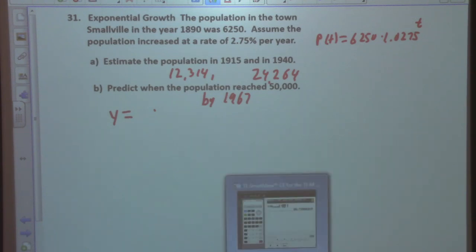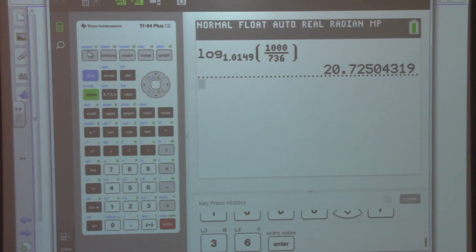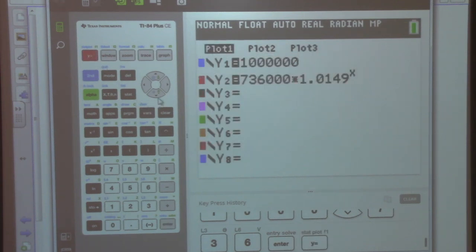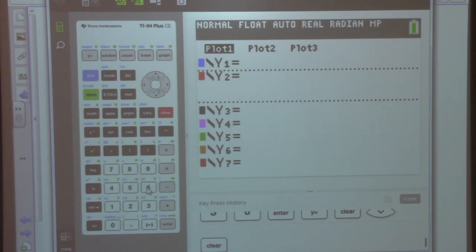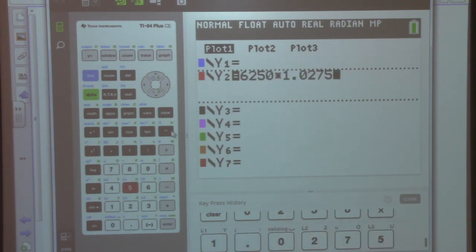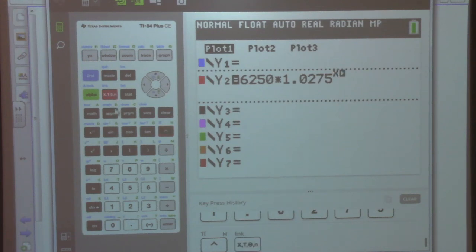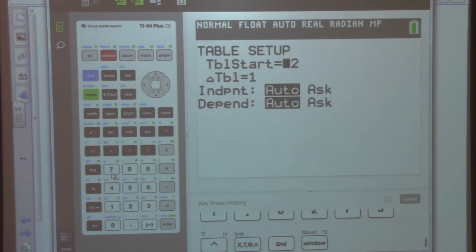Okay, well, very ambitious. But 6250 times 1.0275 to the power of x. And then if I'm going to go to the table, start here at 75, just because that's pretty close.